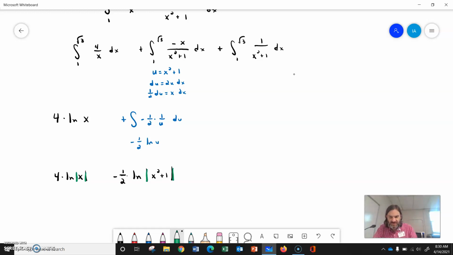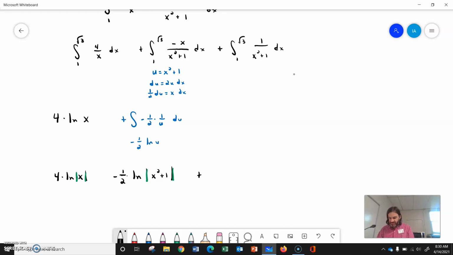The last part we have over here is 1 over x squared plus 1. I believe that is an inverse tangent. Let me see. It's a trig substitution, but we shouldn't have to do a trig substitution because it's a pretty simple one. Yes, it is a trig substitution identity, but what it gives us is plus 1 over a.